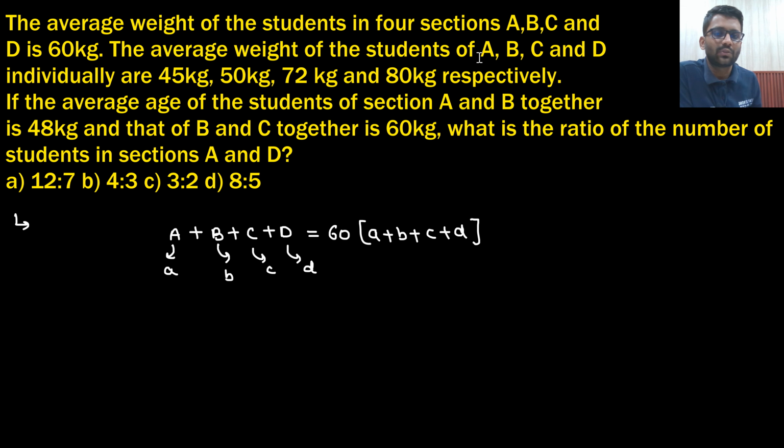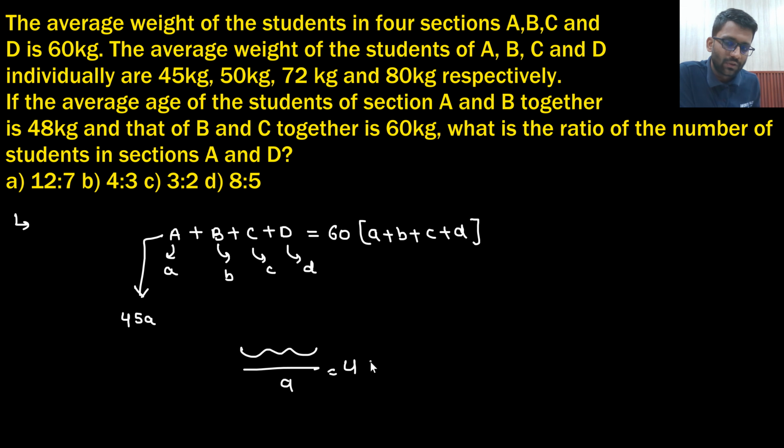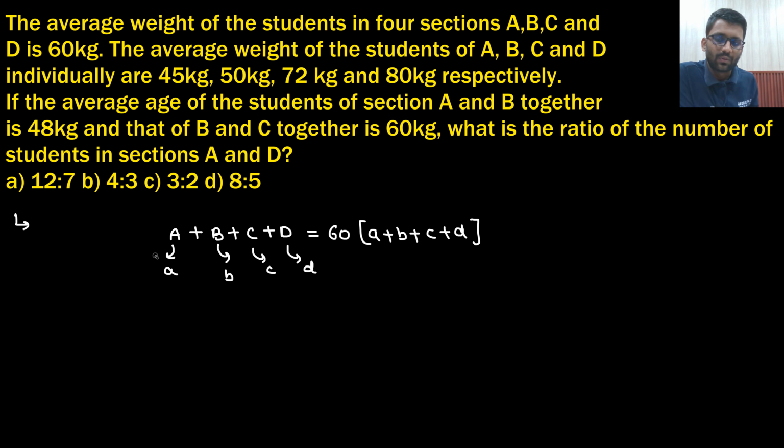The average weight of the students of class A is 45 kg. So what is the total weight of the students of class A? That is 45 into A, right? So the total weight is 45A.